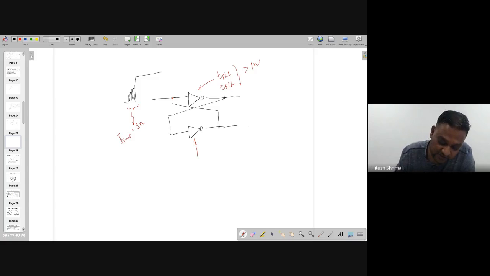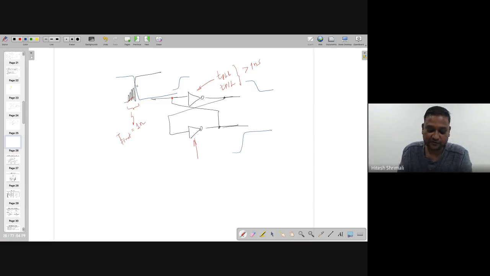Even though the output is trying to reach the upside, it cannot go directly to the higher part, and in that case this will be treated as logic 0 or logic 1, whatever is given to it, and the output will be like this, and it's going to be latched over here, right? So the output is like this and the input will be like this.